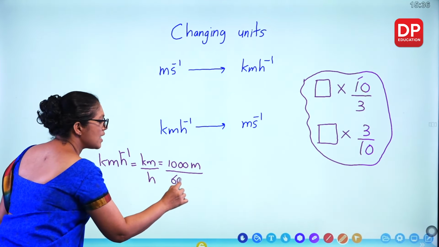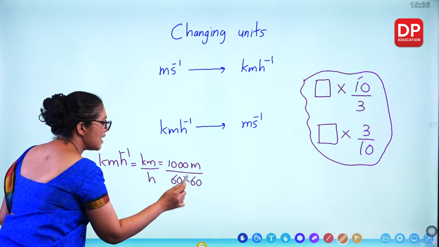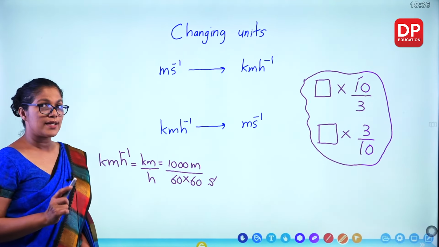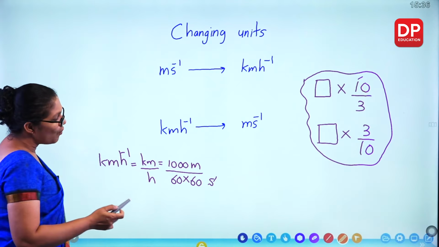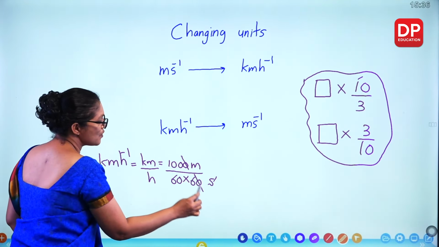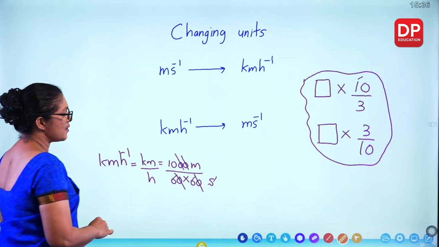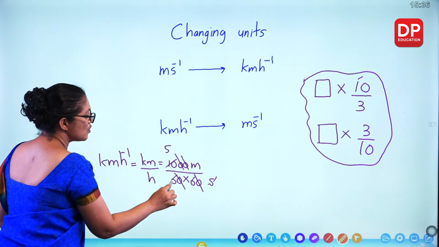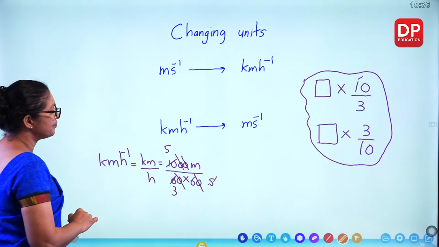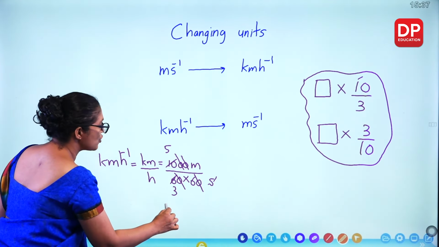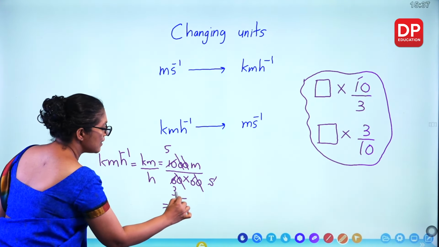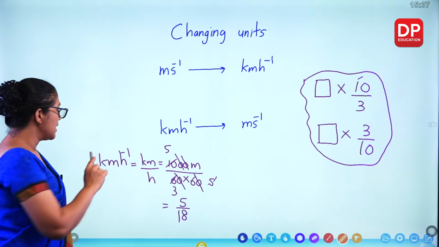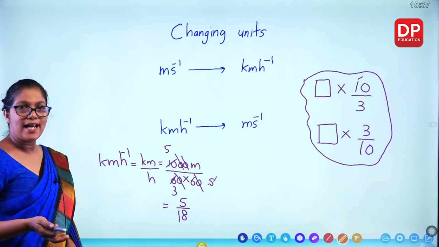So we need to multiply 60 by 60 to convert to seconds. Twice you have to multiply. Now when you simplify, what do you get? The zeros cancel with the zeros, 2 times 5, 2 times 3. So when you simplify, what do you get? 5 and 18. The ratio between this and this is 5/18.